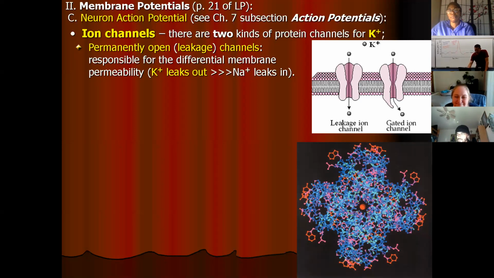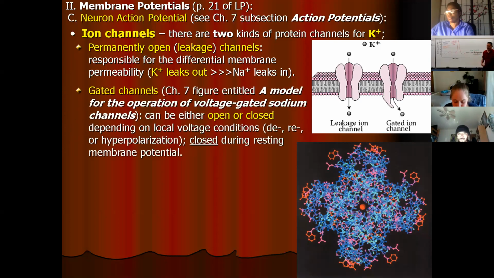Then we have potassium channels that actually have a gate on it. And these are sensitive to voltages, and they are open or closed depending on the voltage. So these are voltage sensitive potassium gates. See, this is two kinds of protein channels for potassium, K+.